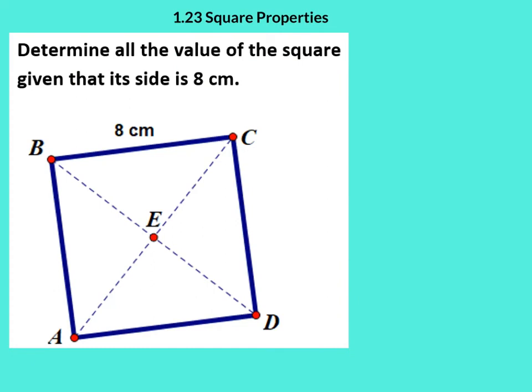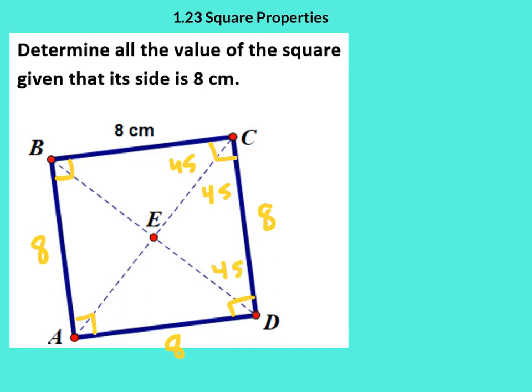I'll only need to do one of these examples because you'll see so much information is already known based off of just the fact that they gave us one side. Now you know that these are all 90 in here. We know that these are angle bisectors, so these would all be 45 angles.